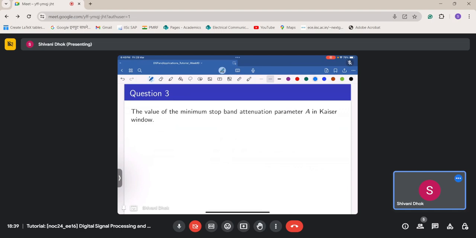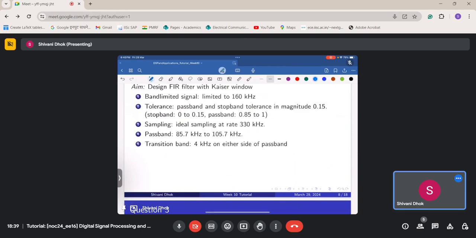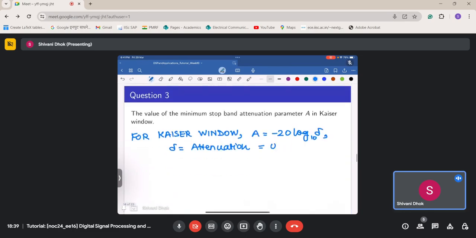So for Kaiser window, this A is equal to minus 20 log delta to the base 10, where this delta is attenuation, and so this is stop band attenuation, and for us this delta is given as 0.15 in magnitude. So this thing is equal to 0.15.